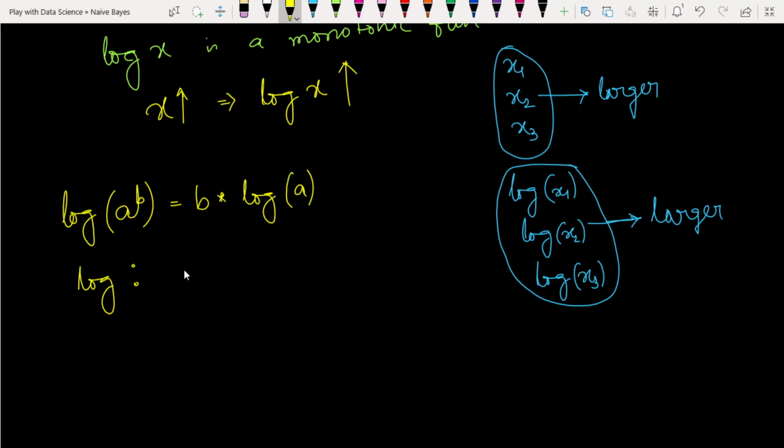Log converts multiplication to addition, and it also converts exponentials to multiplications. I think these two things make clear to all of you why it is important.